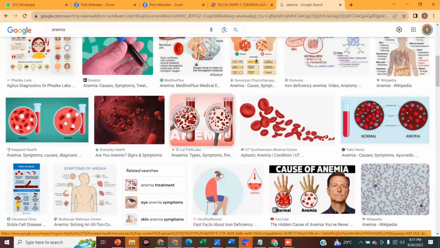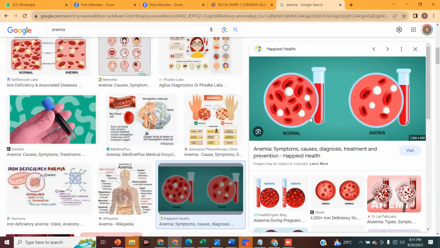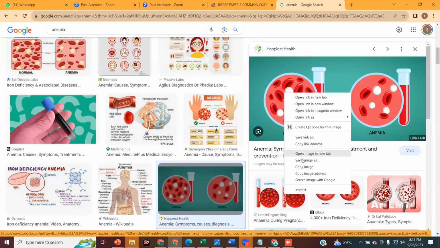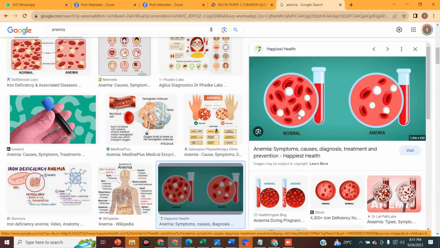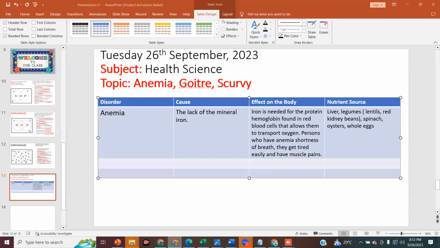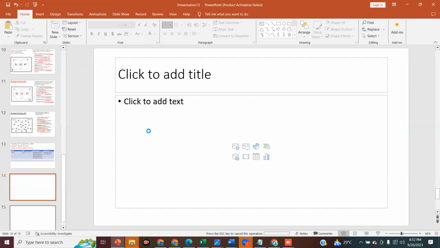Again, this is normal blood and this is the blood of a person with anemia, it's not the same. The person with normal blood has way more oxygen, and this one has less oxygen, so they're going to be more tired, sluggish, sleepy, and have a lot of muscle pain. So that's the problem. So get your iron today.